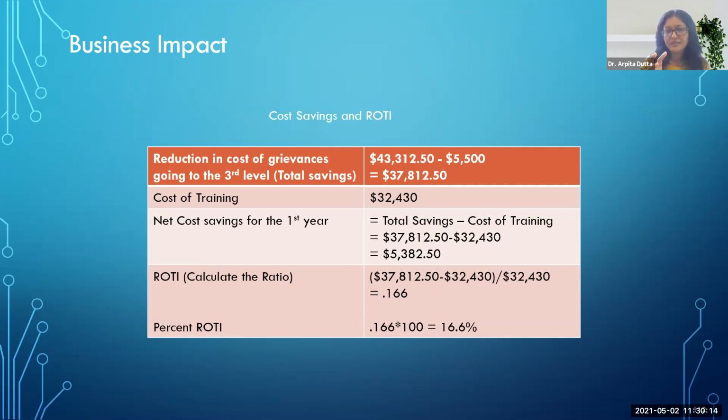Improvement in the quality of the training impacts directly the cost savings, the numerator, and taking care of the cost as an input shows in the denominator, which is 32,430. So working on both, improving the quality of the training and reducing the cost, if that is actioned, then we might see a significant improvement in the ROTI percentage. Agreed? Not agreed?